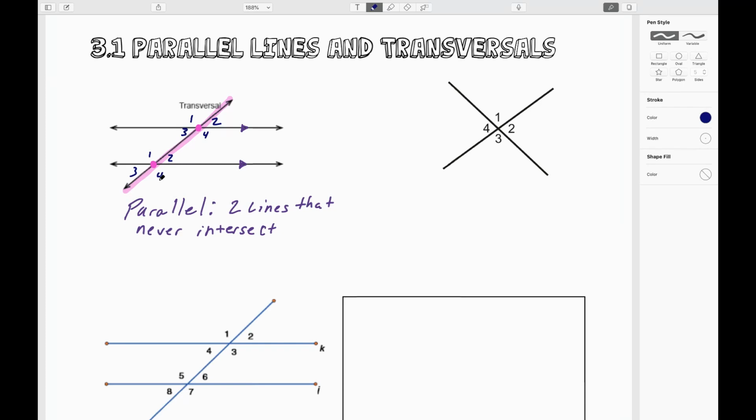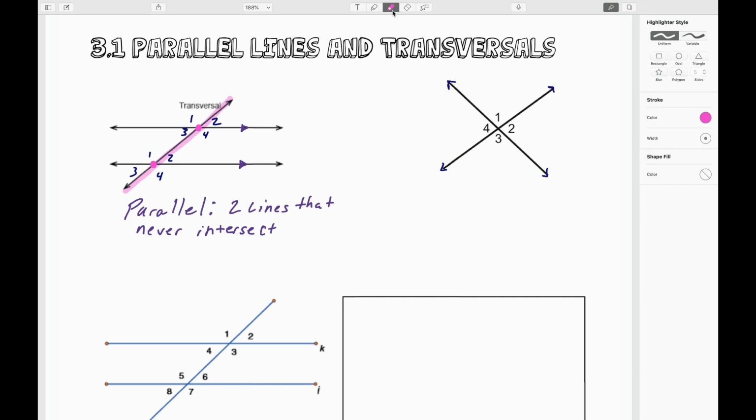Now, we already know some relationships about those angles at those individual vertices. So we're going to come over here and talk about what we learned yesterday about these angles. There are some specific angles that we know.